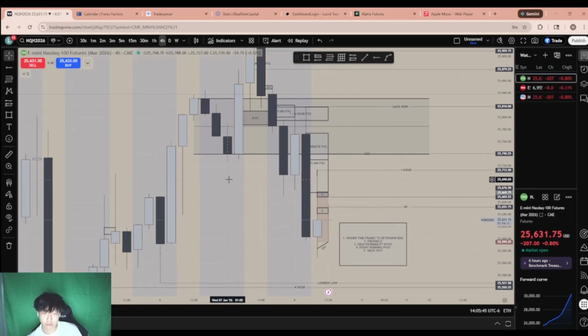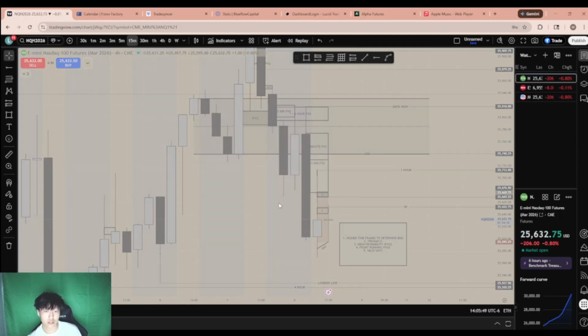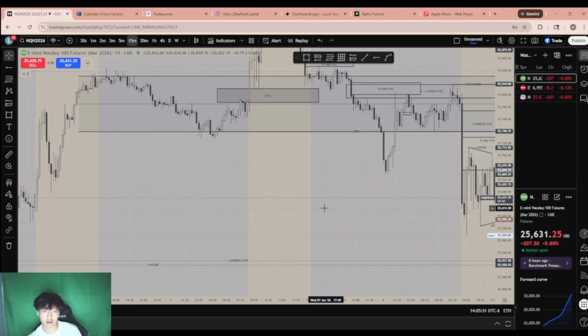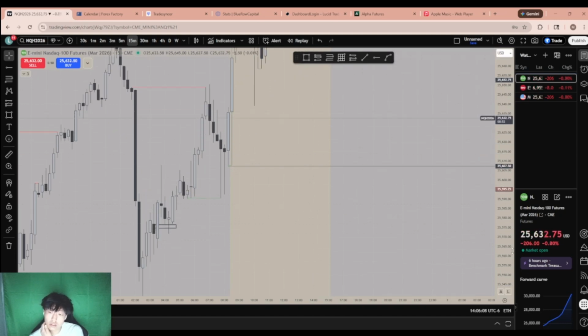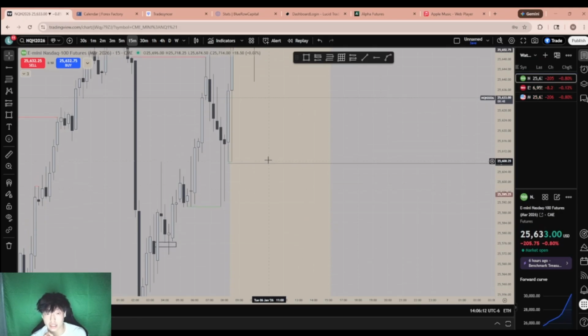So, higher time frames to determine bias. One, all right, I deleted all my draws on liquidity, but it looks like right here, this would be 15-minute equal lows, which is a super high draw on the NASDAQ, not on ES.